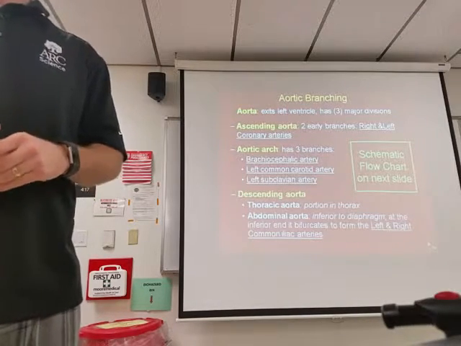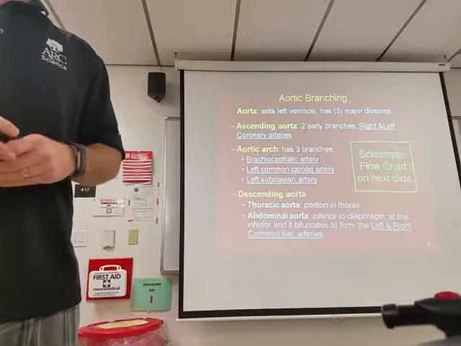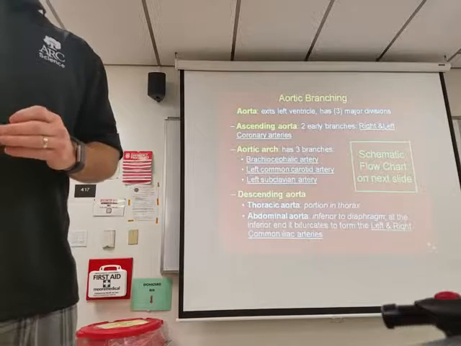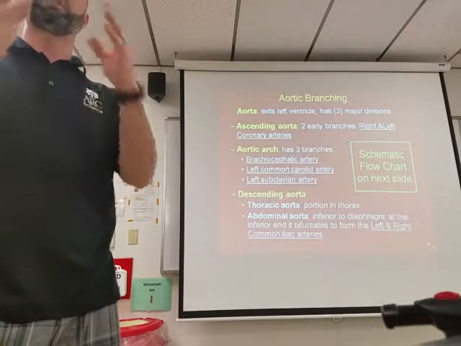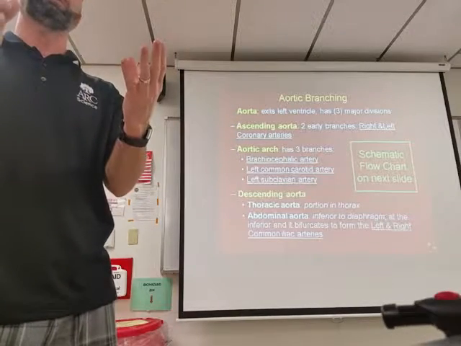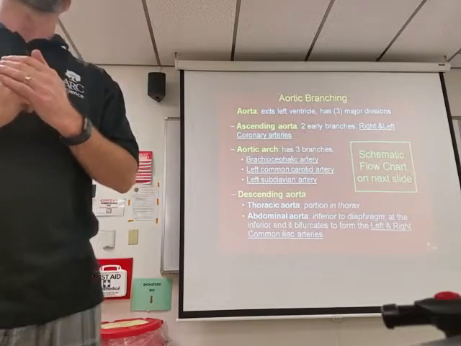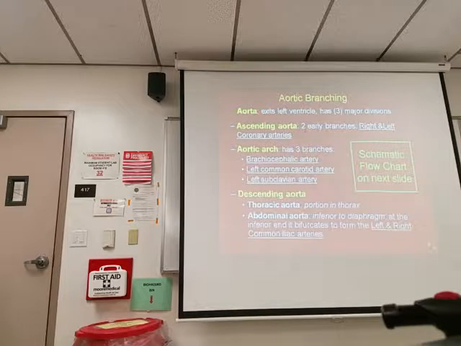Question? So is it structurally different, like say from the arm to the leg? Yeah, and if you're talking the exact same size vessel, when you're taking a blood pressure measurement in one area of the body and the other area, yes. The distance that blood has to travel to get from the heart to the brachial artery in the right limb versus the left can be a little bit different.